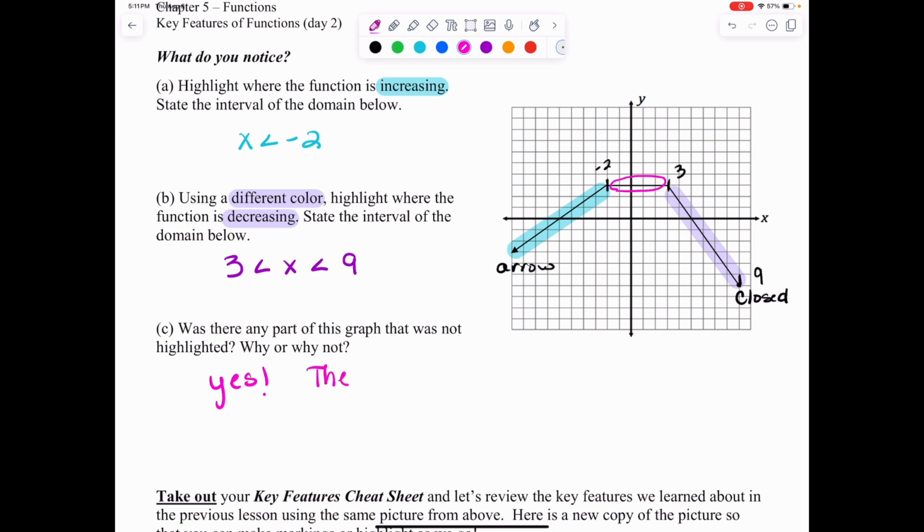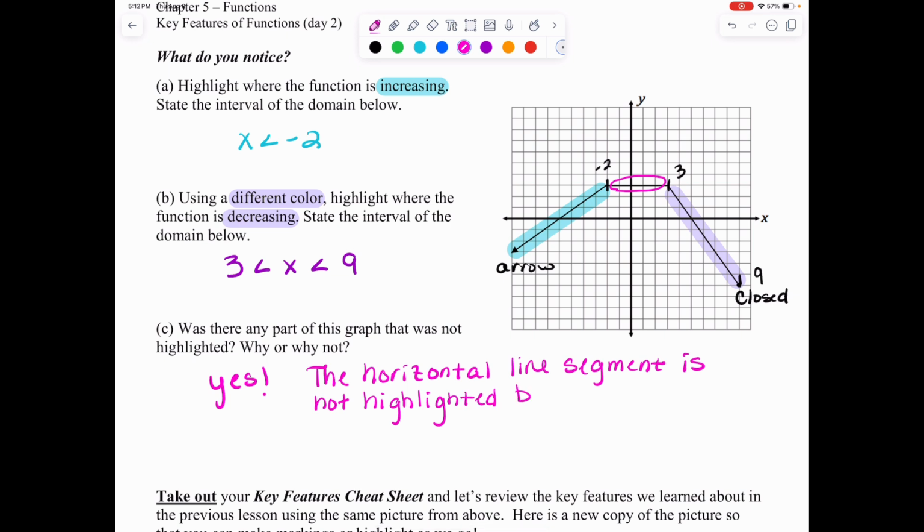So we'll say the horizontal line segment is not highlighted because there is no increase or decrease.